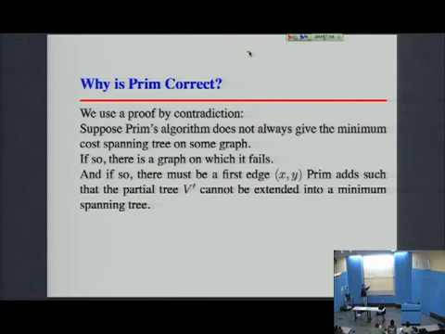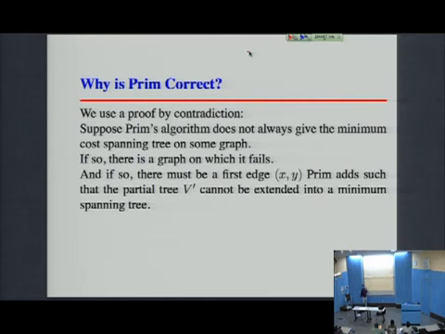Why is that? Well, I had a choice here of any edge connecting one vertex that was in the tree to something outside the tree. In picking the cheapest, I picked this one. I had the freedom to pick this one. Does everybody see that? Because I didn't pick this one when I had the freedom to do so, this edge must be of weight less than or equal to that edge.